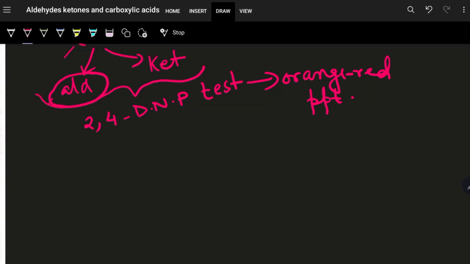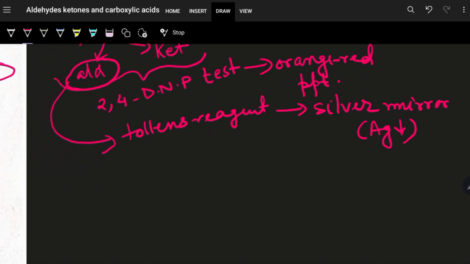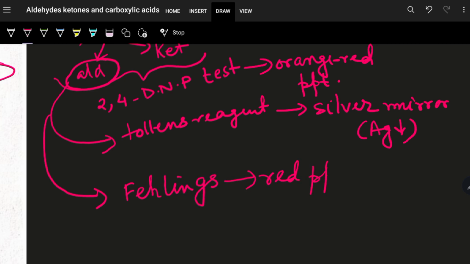Remember that aldehyde responds to the Tollens reagent test, and it gives a silver mirror due to the formation of Ag as precipitate. And aldehyde also gives the Fehling solution test, and it gives a red precipitate.